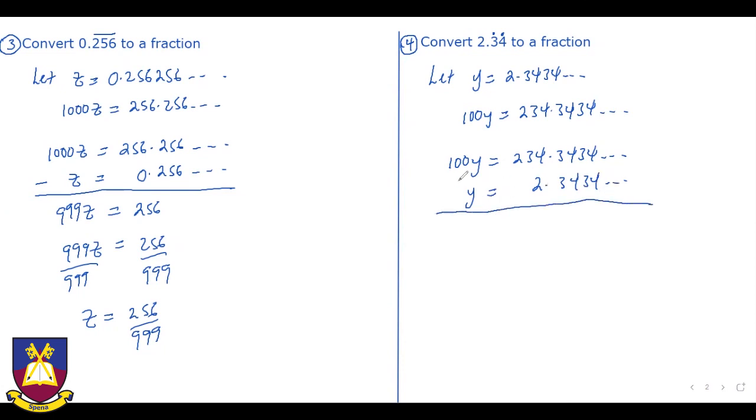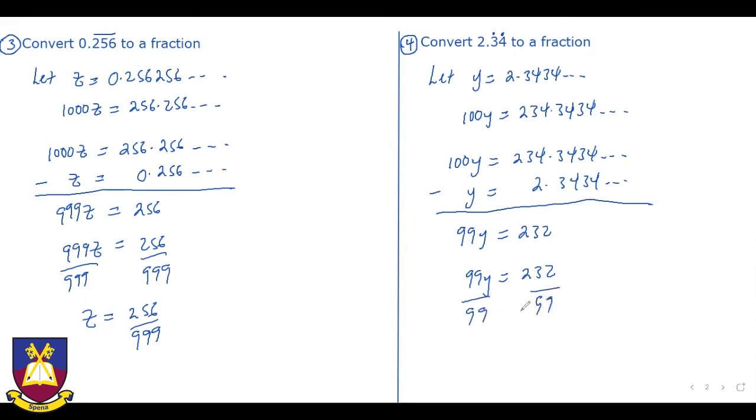When we subtract, 100y minus y is 99y, which is equal to this minus this, 232. All the other ones cancel. Now we get 99y, which is equal to 232 out of 99.